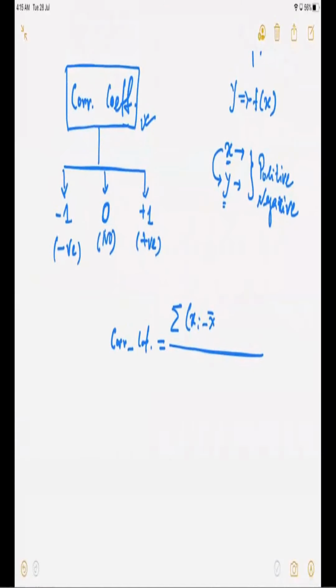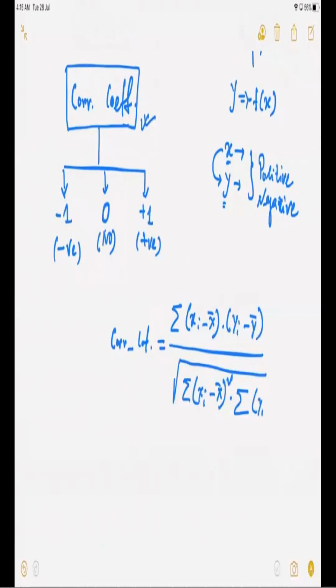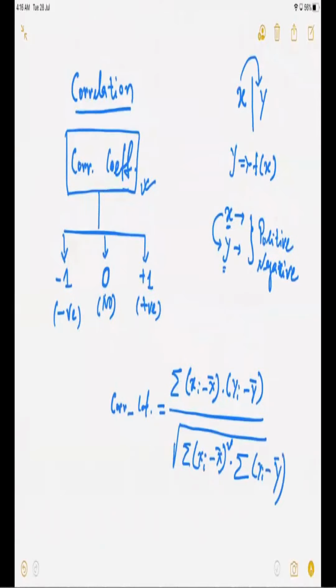And what is x bar? x bar is nothing but the mean of that particular variable set, which will be multiplied by y_i minus y bar, which is once again any element from the second variable y minus the mean of the variable y, which should be divided by another component, which is the root of summation of (x_i minus x bar) whole square multiplied by summation of (y_i minus y bar) square.